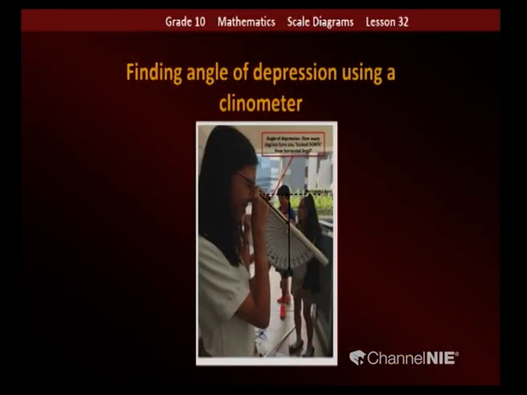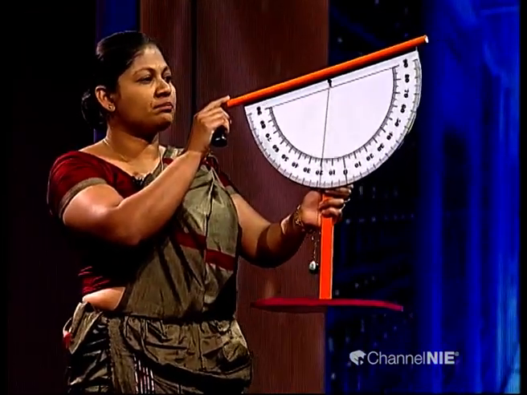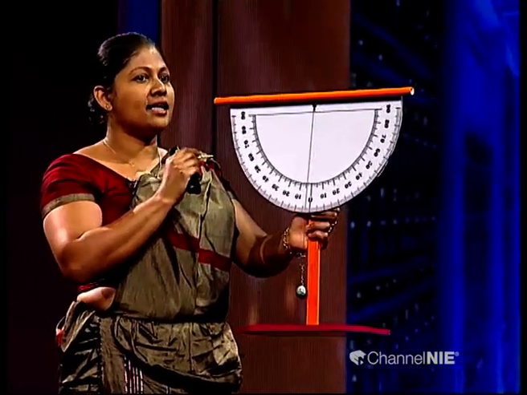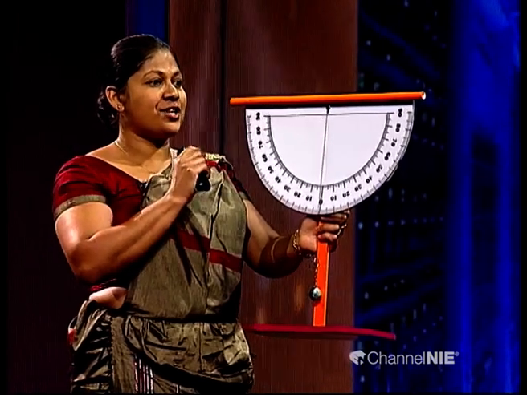Now the other one. How do we find the angle of depression using the clinometer? In the picture you can see, and I can show you the way. Now see, in my hand there is the instrument. Now I want to measure the angle of depression.